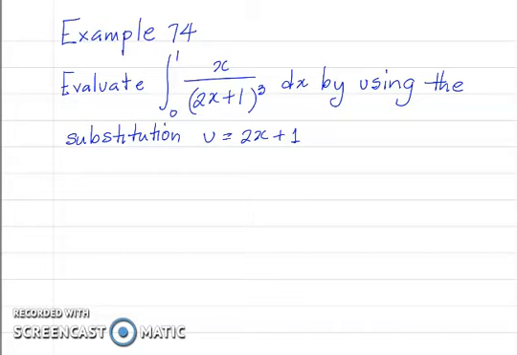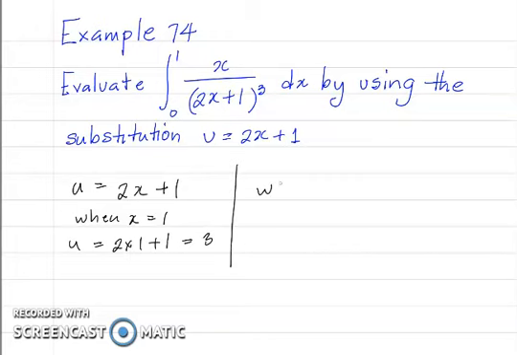All right. So here we have u is equal to 2x plus 1. I'm going to say when x is equal to 1, u is equal to 2 times 1 plus 1, which is 3.